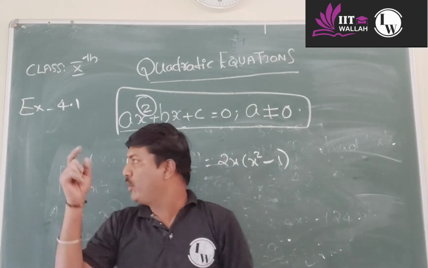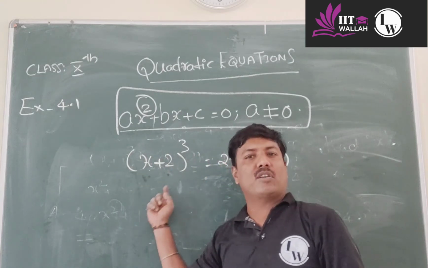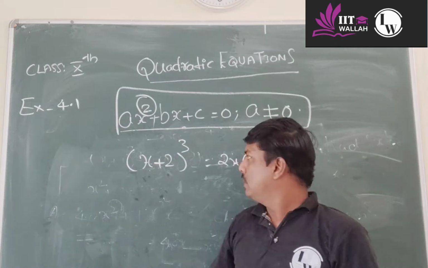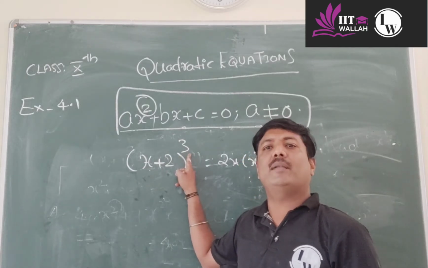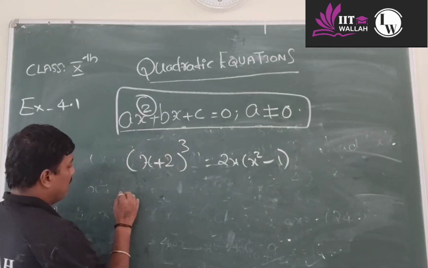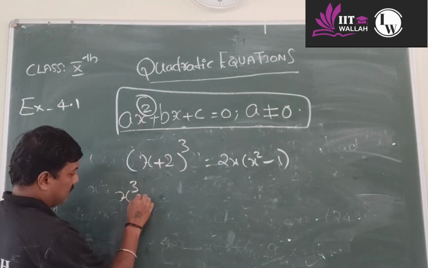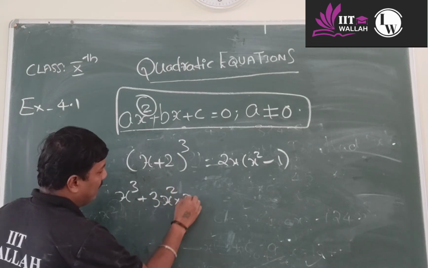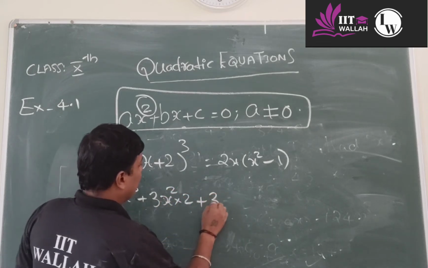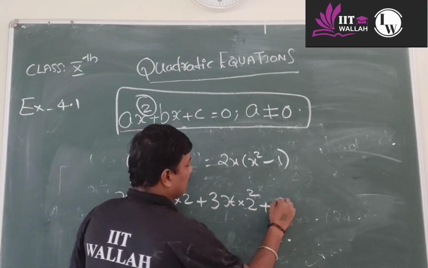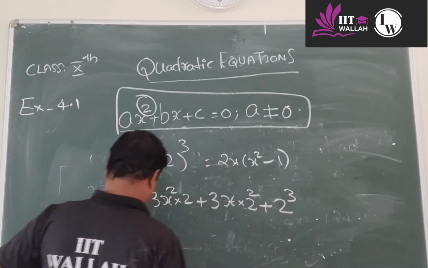Yes, a cube plus 3a square b plus 3ab square plus b cube. If the power is 3, there will be at least 4 terms. So this is x cube plus 3x square times 2 plus 3x times 2 square plus 2 cube.